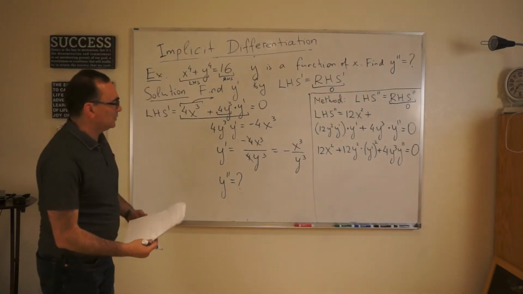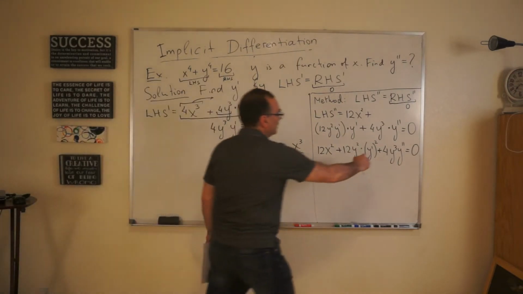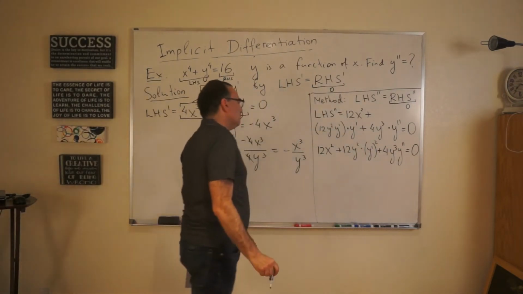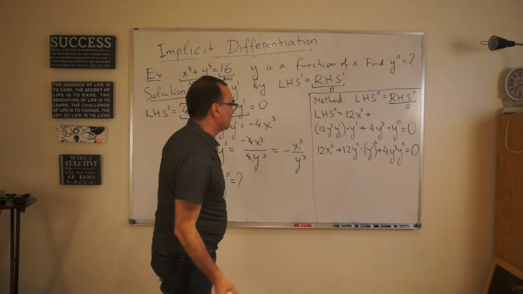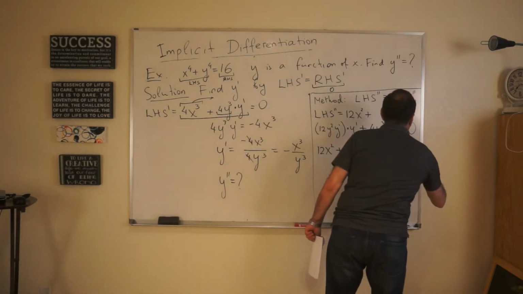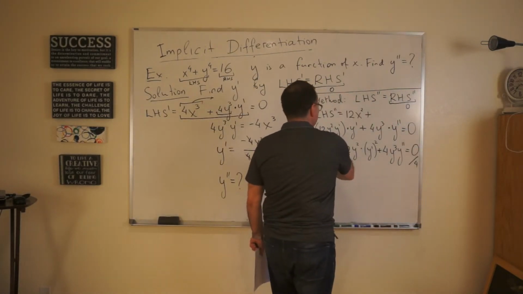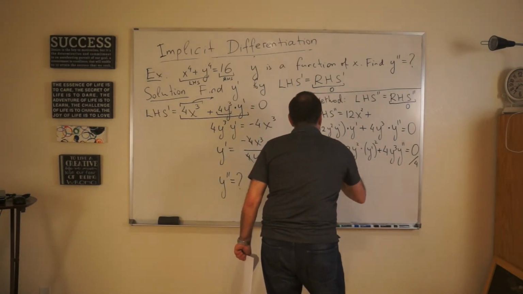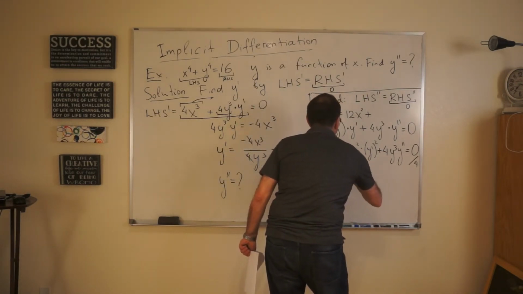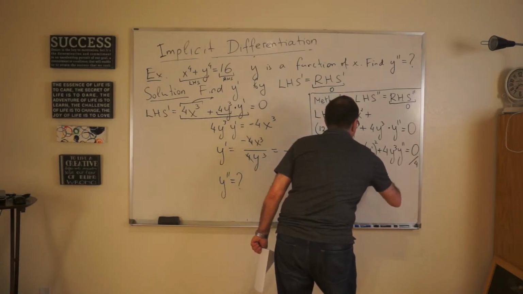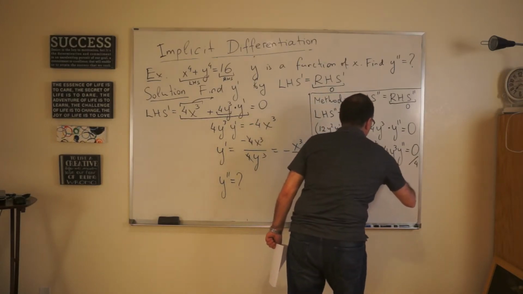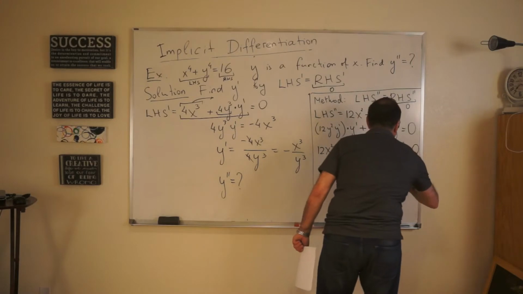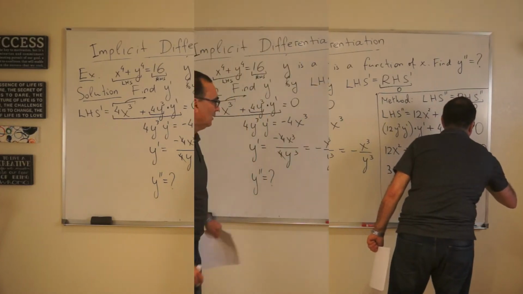So our job is just to solve it for y double prime. One thing we can do is divide everything by 4 to make the equation a little simpler. So 12 becomes 3 and 4 becomes 1. So it's 3x squared plus 3y squared times y prime squared plus y cubed y double prime.